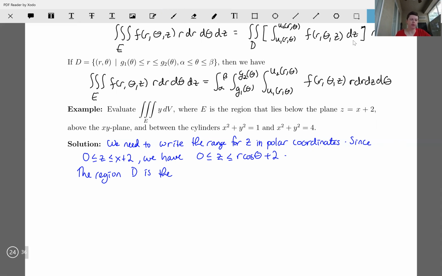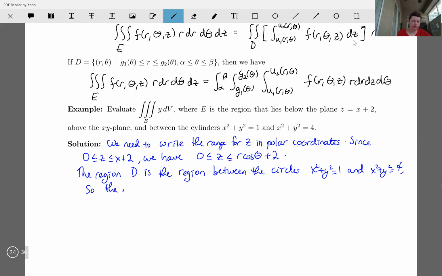So now we're looking into r and theta in the xy plane, and we get the region between the two circles, x squared plus y squared equals 1 and x squared plus y squared equals 4. So the ranges for r and theta are going to be what?